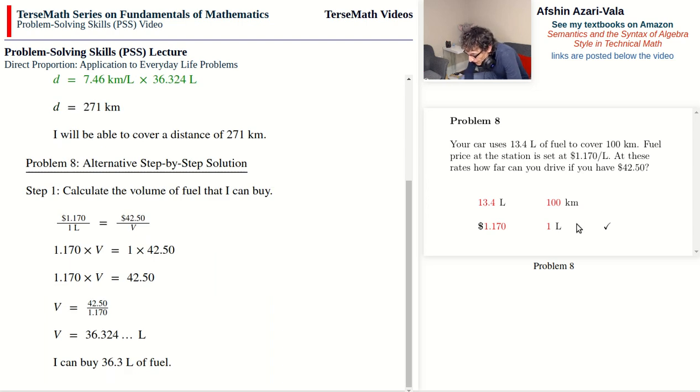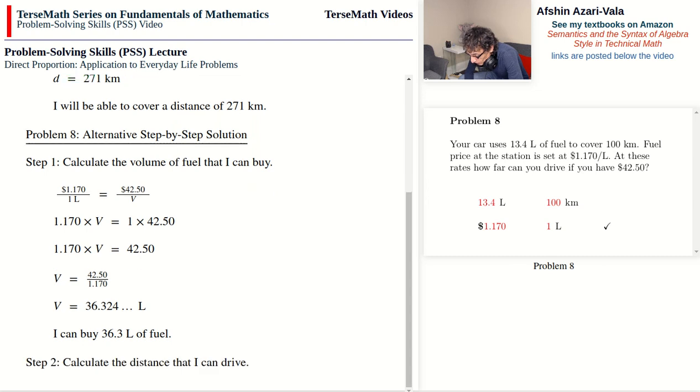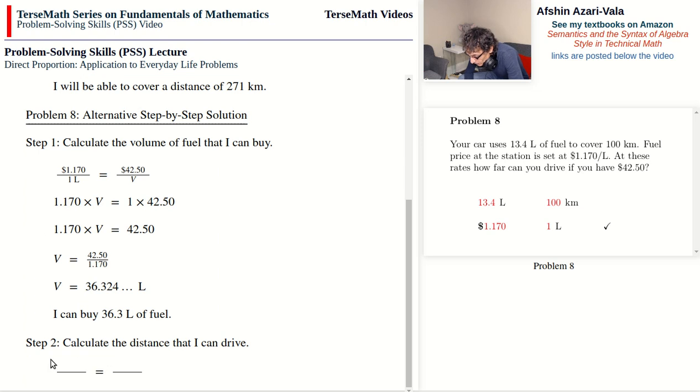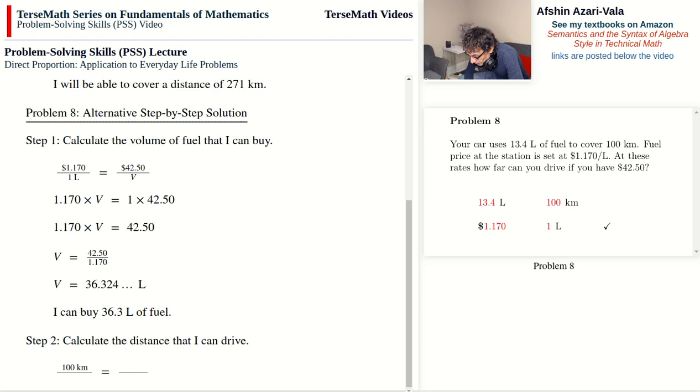Now once we know what volume of fuel we need, then we find out what distance we can cover. And for this we need to move on to step number 2, calculate the distance that I can cover. And here let's say that we put kilometers on top, 100 kilometers on top, and 13.4 liters goes down.